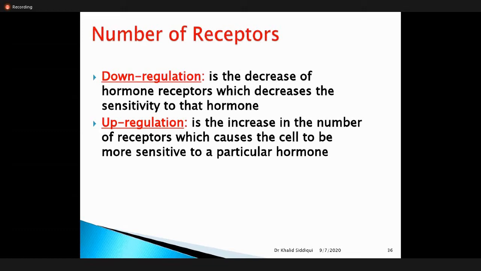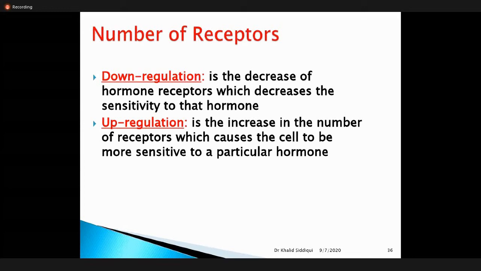These receptors bind the hormone, and then the hormone-receptor complex enters inside the cell where it executes its function, and the number of receptors gets reduced. So the down regulation is the decrease of hormone receptors, which decreases the sensitivity to that hormone. More and more of the receptors get utilized by the hormone, so the number of receptors decreases in that target tissue or target cell.